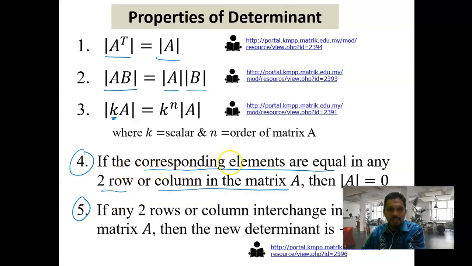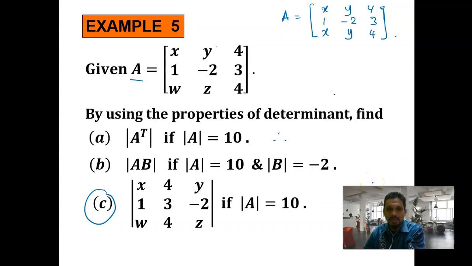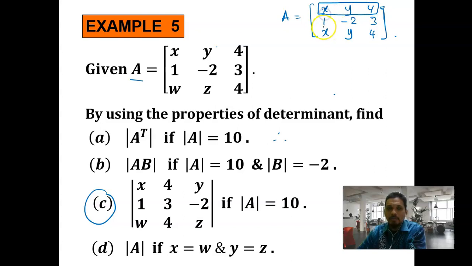If the corresponding elements are equal in any two rows or columns in matrix A, then the determinant of A equals 0. We got x, y, 4, and also x, y, 4. So the elements in row 1 and row 3 are equal.